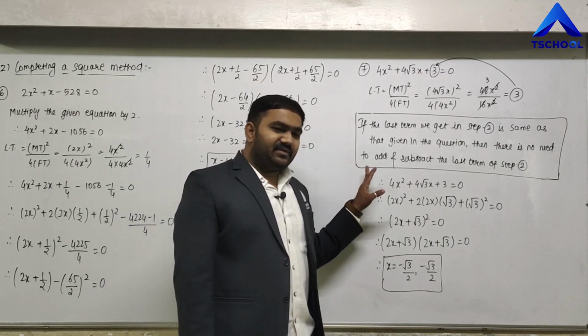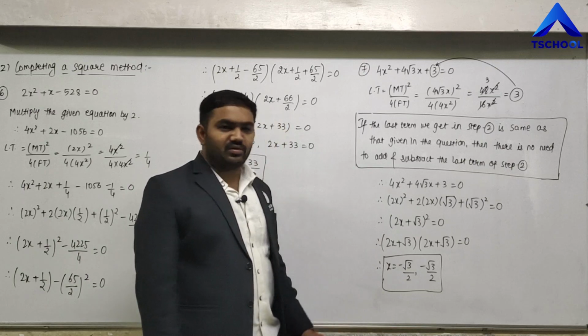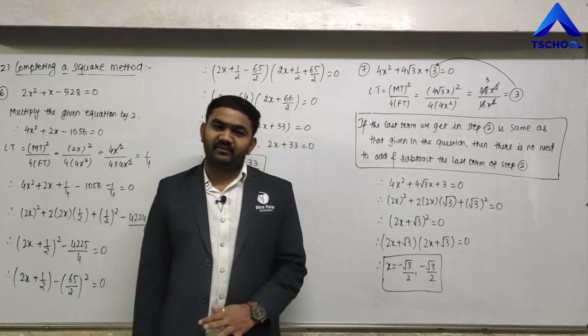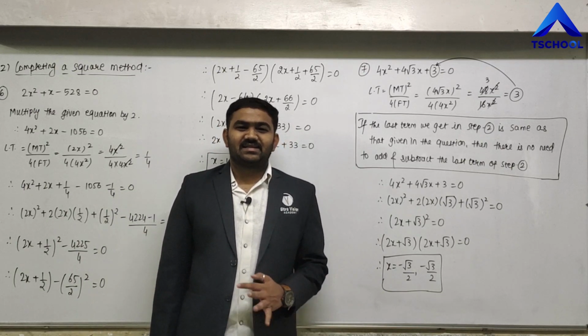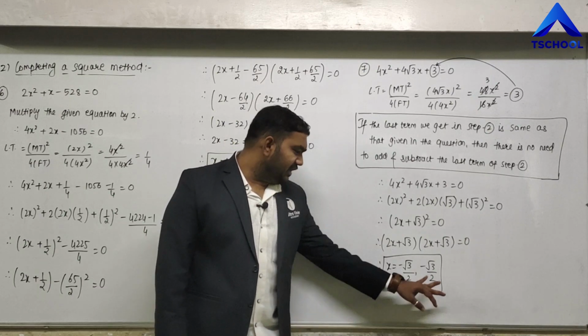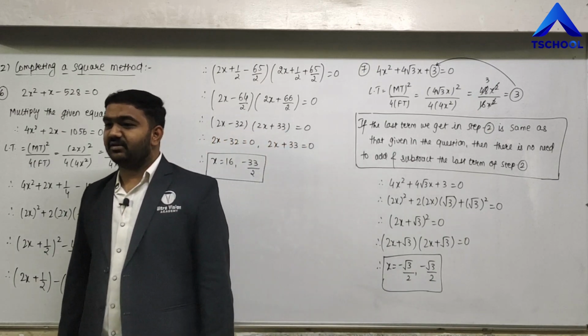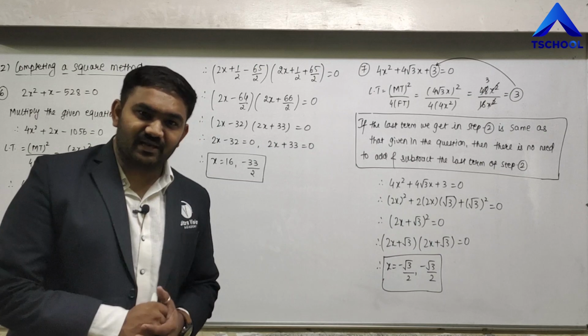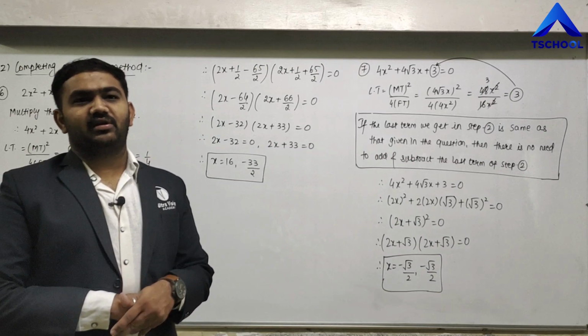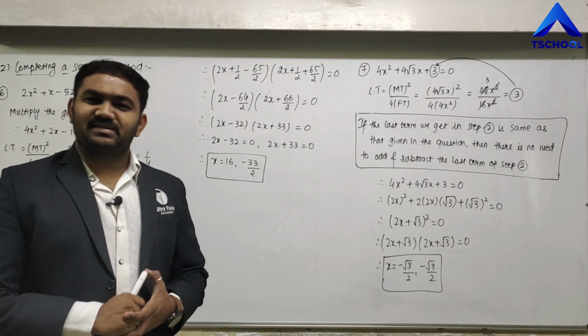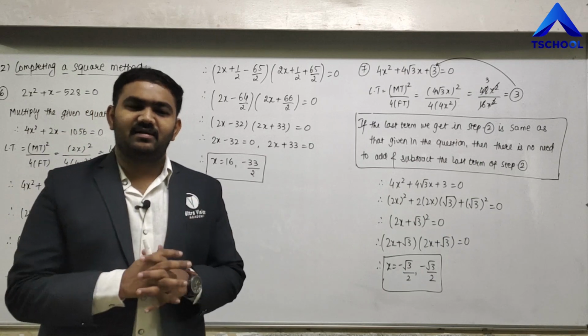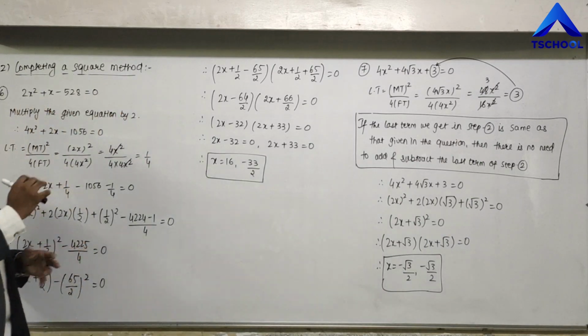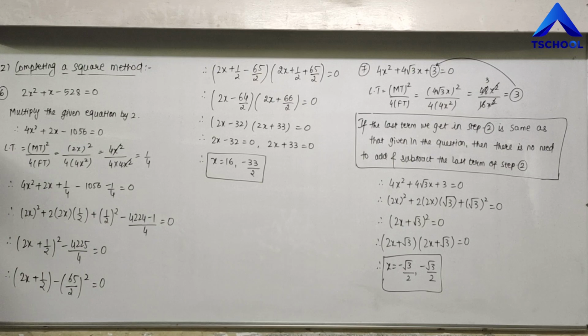And if this happens, then both the roots are the same. That means if the given question is a perfect square in itself, then the roots or the solution of the equation are the same. Is it clear, friends? So that is the special case that we were talking about. Is it clear? Okay.